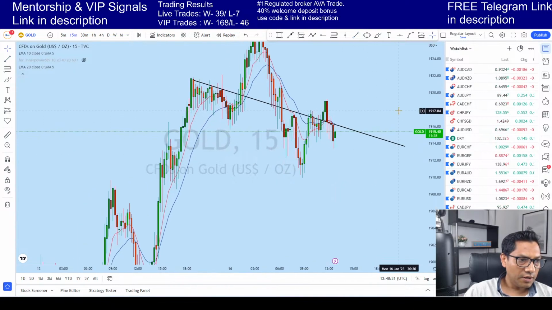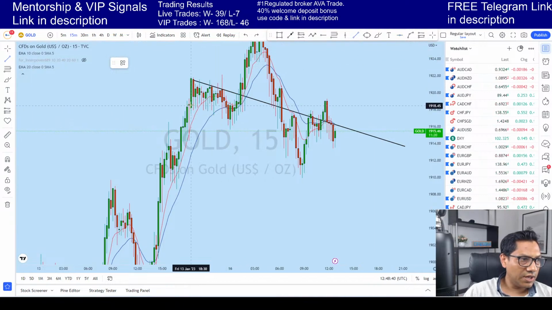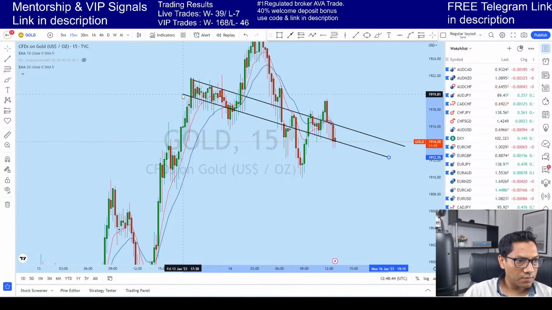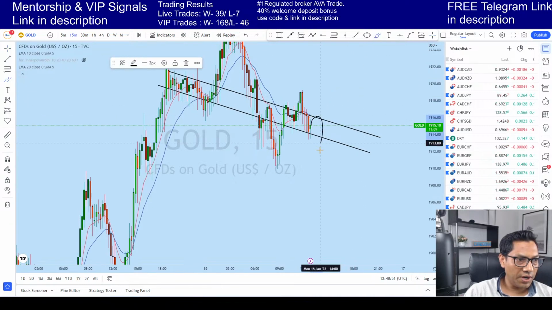And if we see that the price has broken out of this head and shoulders, then we need to find the neckline of it. So this is the neckline of this head and shoulders.